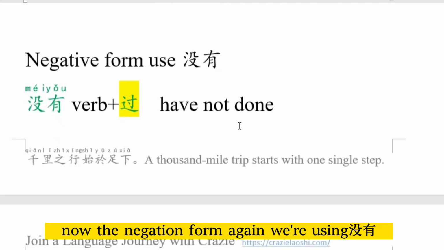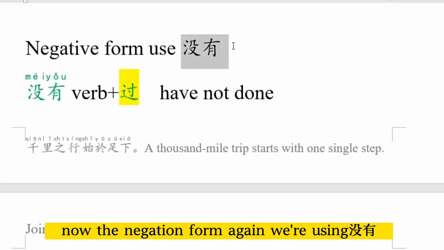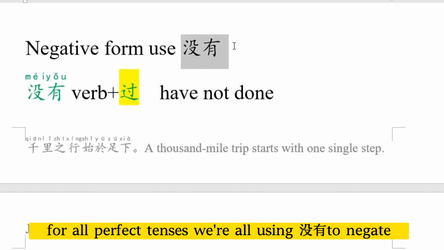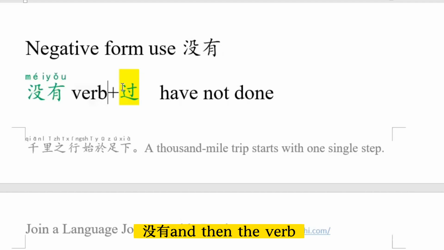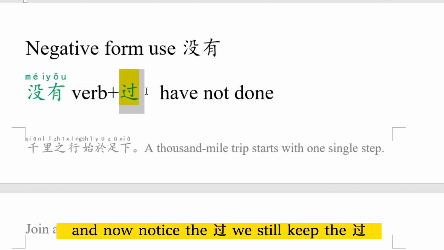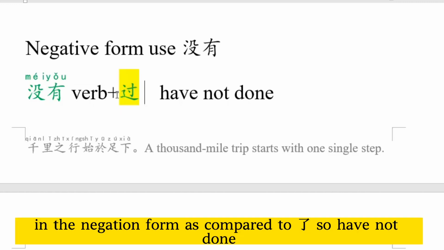Now the negation form, again, we're using 没有 for perfect tenses. We're all using 没有 to negate. So 没有, and then the verb, and now notice the 过, we still keep the 过 in the negation form, as compared to le.